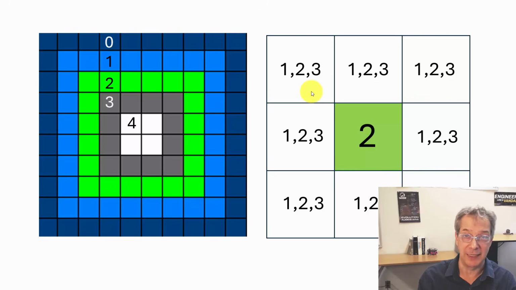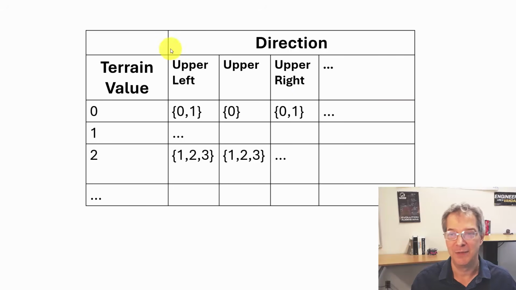Then we have to decide on a data structure to store that. The one that I find simplest is a 2-dimensional array of array lists. Let's take a look at that. The idea is my 2-dimensional array has all of the terrain values versus all of the directions. Then for each terrain value and direction, it stores an array list of the allowed terrain types.